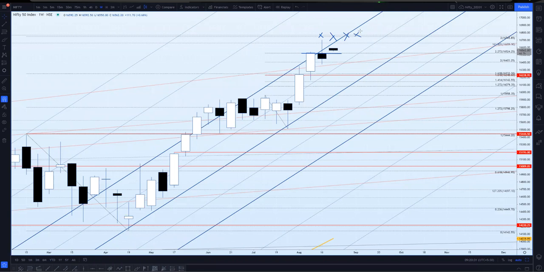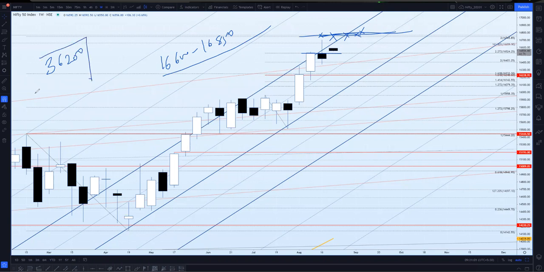It is not going to be easy for the market to cross 16,700-800. This whole zone of 200 points, from 16,600 to 16,850, this 200-250 point band, is a very strong resistance. This is going to break only if Bank Nifty supports and starts to trade above the 36,200 mark in a very strong and convincing manner.